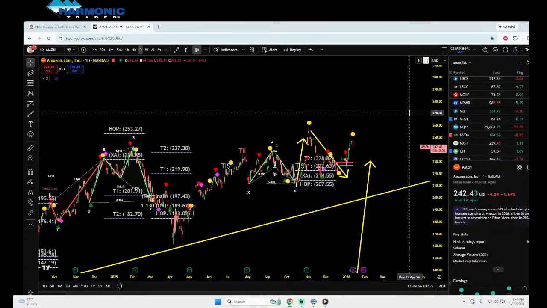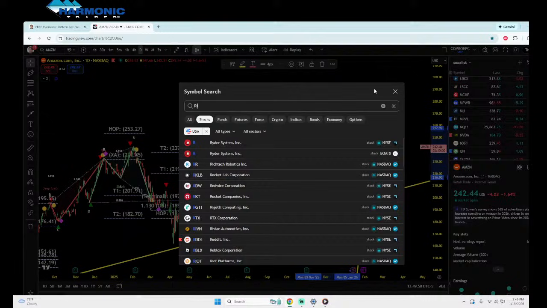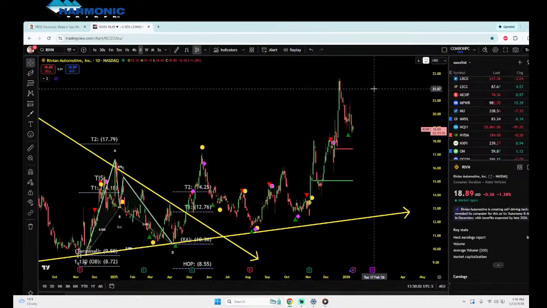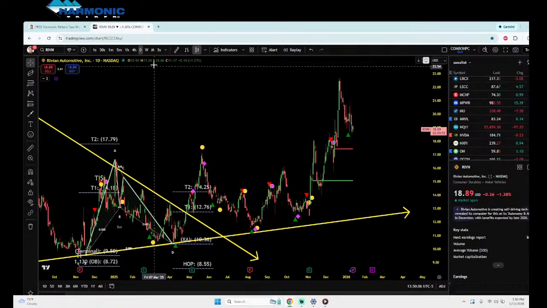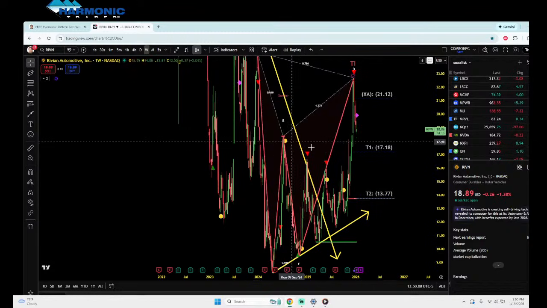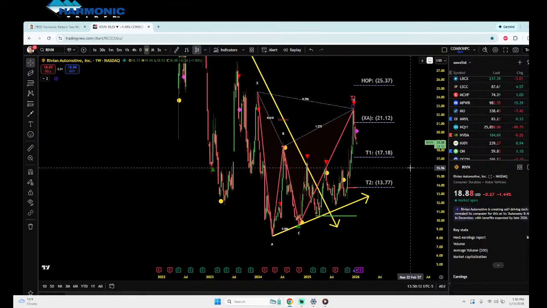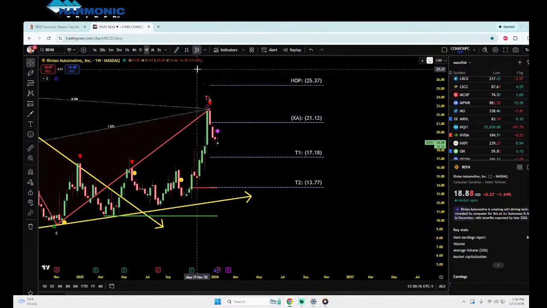Rivian, what's up, Code? Rivian's one that I said, okay, first week of January, let's pay attention to it because it's making progress longer term. It's like that weekly. We had this Gartley getting rejected, and that's fine because it helps us.